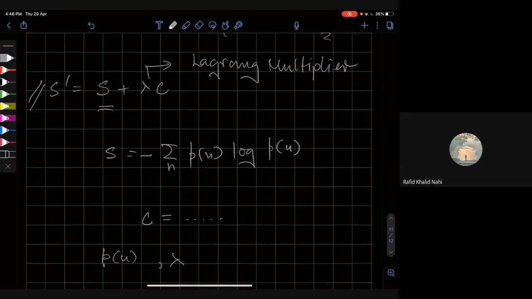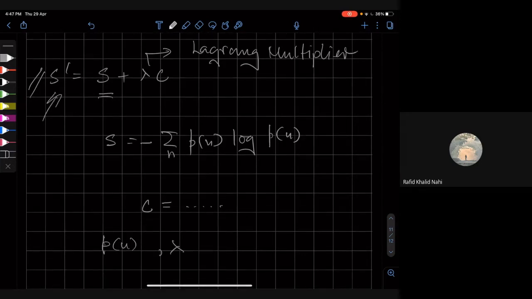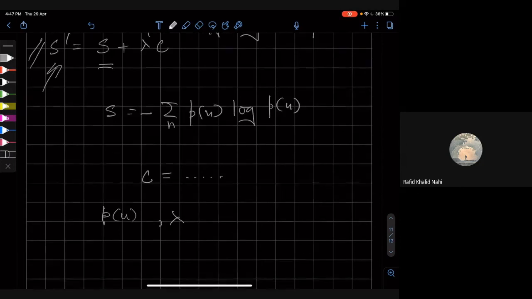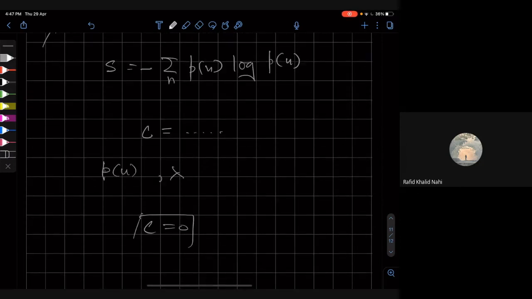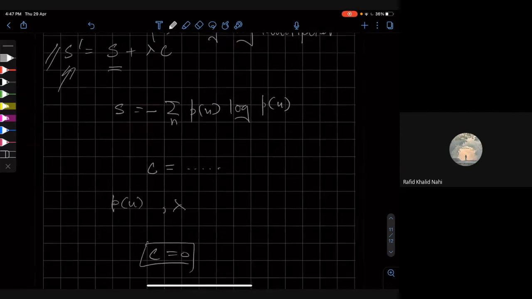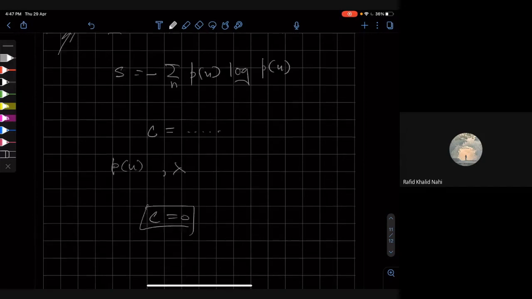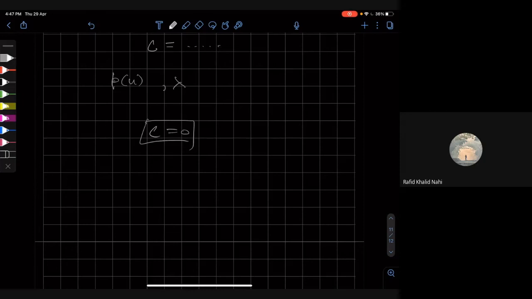Okay, so if I extremize this expression with respect to lambda, what do I get? I get C equals 0, right? So that's the constraint that we want. So, for example, if I take S prime to be S plus lambda k_B, say, sum over all the P_n minus 1.